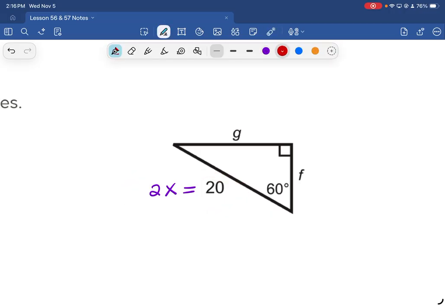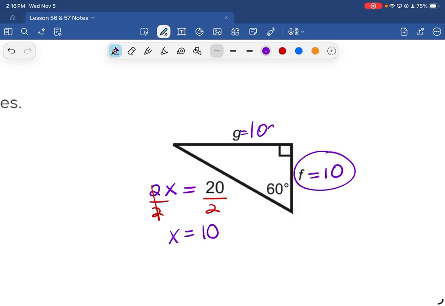So we're going to divide by 2 on both sides, and x is equal to 10, right? Which in this case is right here. We just found the short leg. And then from there, we know that we multiply the short leg times root 3.